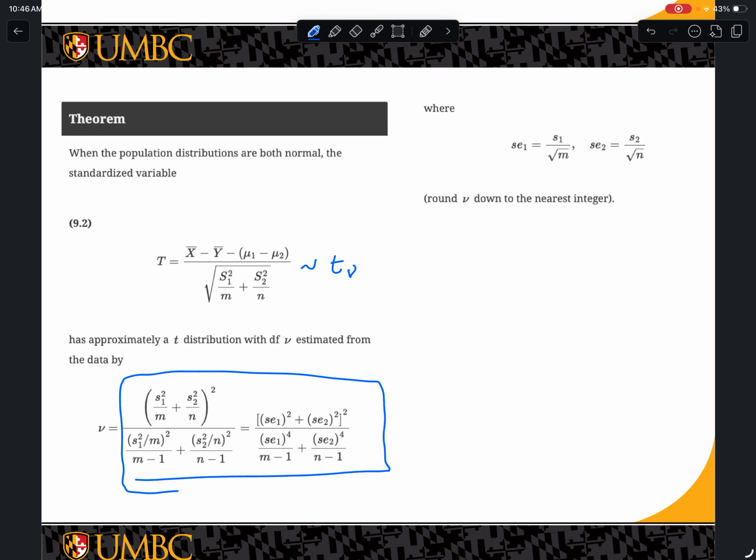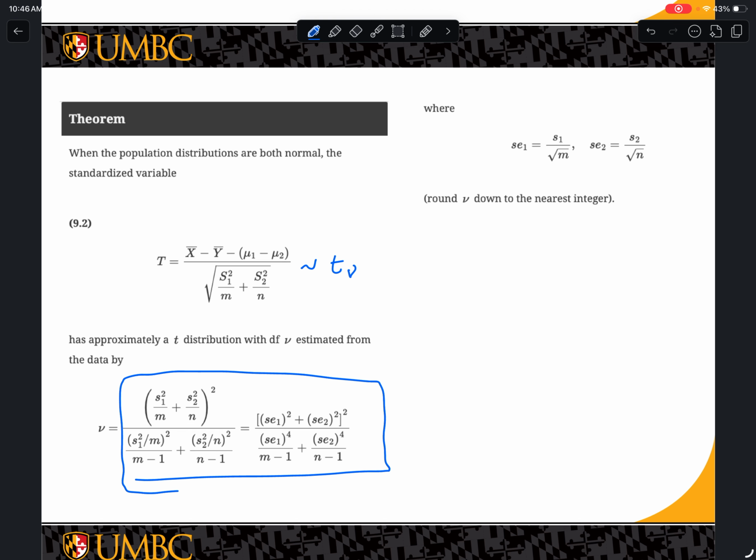This is a much more complicated formula for the degrees of freedom than we had when we had just one population. It turns out it is a tricky problem to know the degrees of freedom when we have two populations like this. There are a number of different ways of estimating what the degrees of freedom should be, but here we have the one that your book uses, and it's complicated.